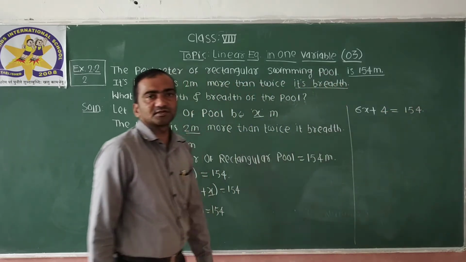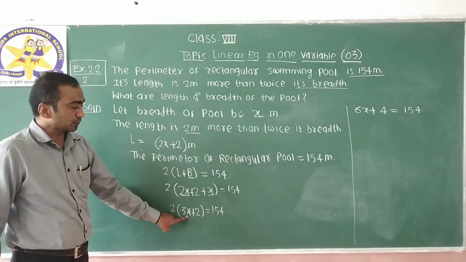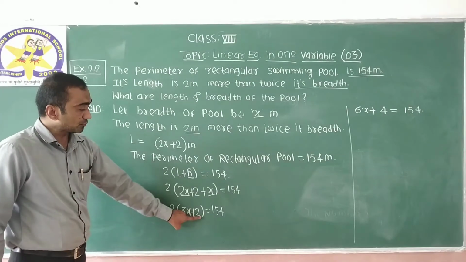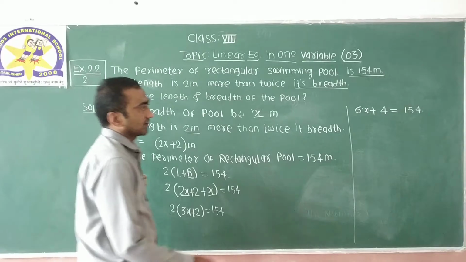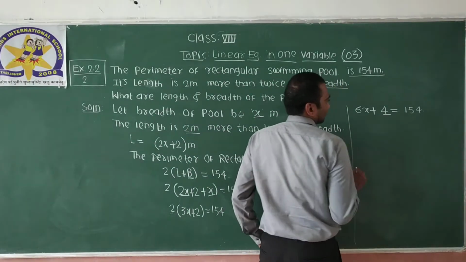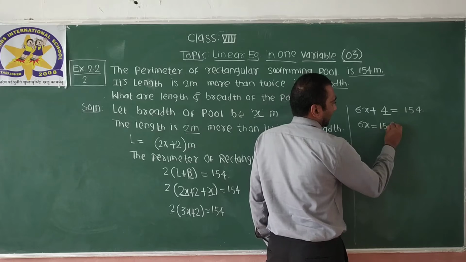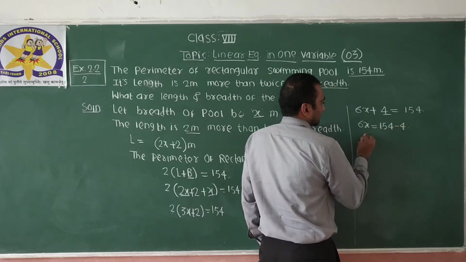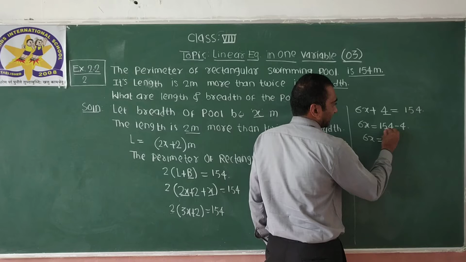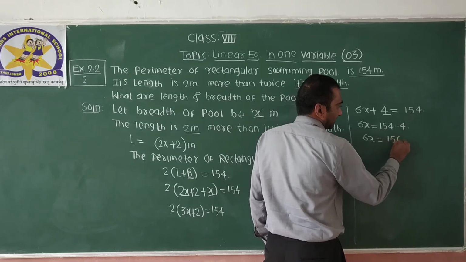Okay, in the left side we simplify the bracket. 2 into 3x is 6x, 2 into 2 is 4. After that, transfer this 4 to the right side. 6x equals to 154 minus 4, which is 150.